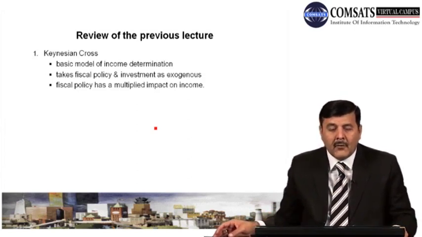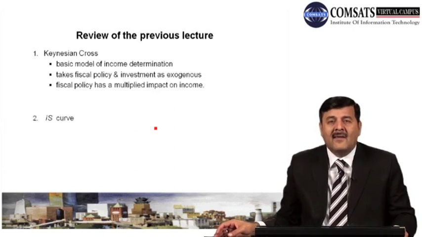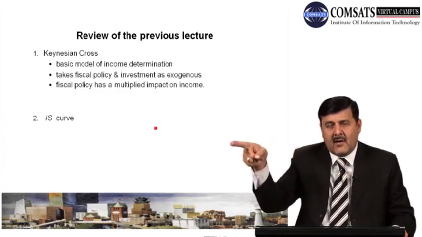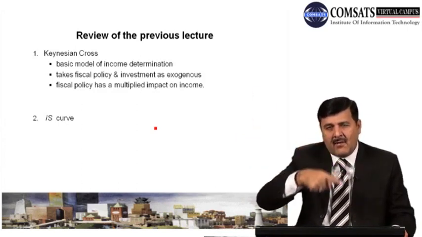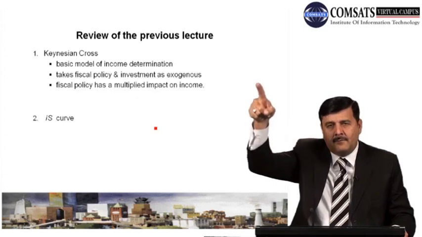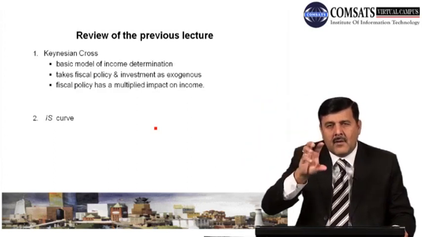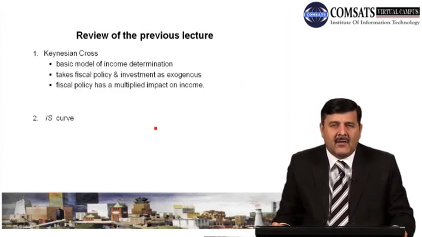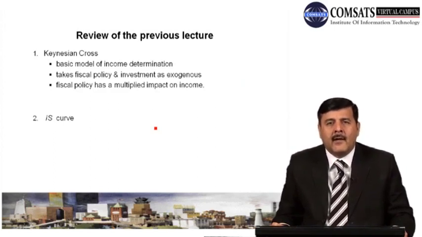So by using this Keynesian cross, why do we call it the Keynesian cross? We have an expenditure curve that we saw last time, then we have an income line which is a straight line. Where these two cross each other, where planned expenditure is equal to income, that determines the equilibrium level of income in the country or in the economy.